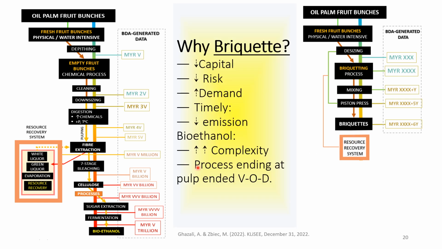So why briquette? Briquette production involves low capital, low risk, and the demand is high now, timeliness because of efforts to reduce emission, circular bioeconomy, and bioethanol as an alternative fuel to complement fossil fuel.